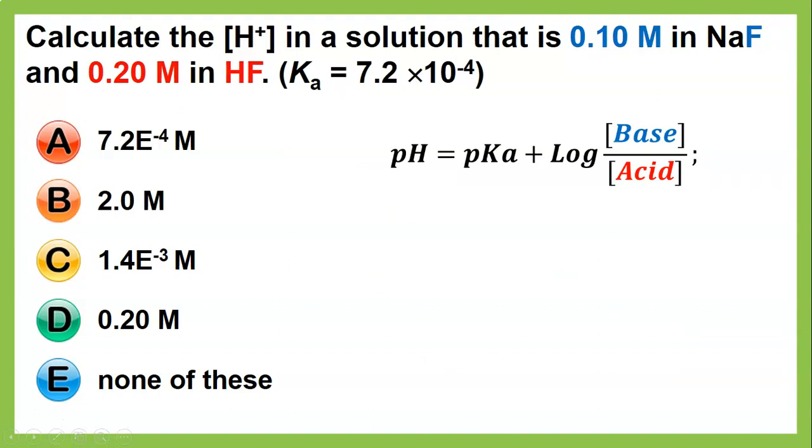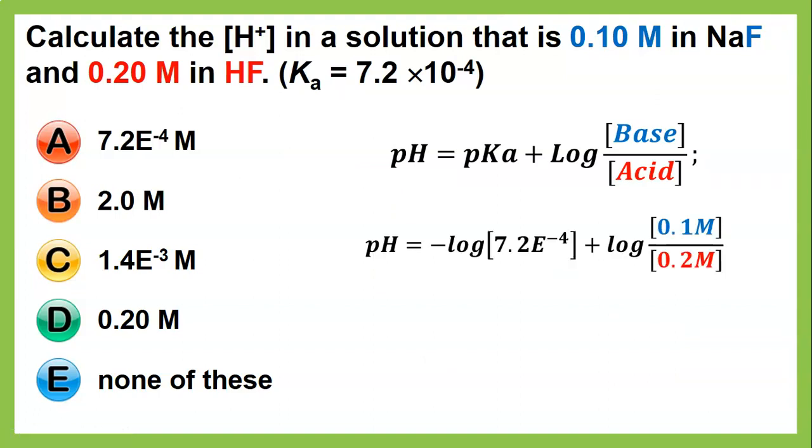So I'm going to plug in the negative log of my Ka value plus log of the fluoride ion, the base, the conjugate base, the salt, and it's a 1-to-1, right? There's only 1 fluoride for each sodium fluoride, so that's a 1-to-1.